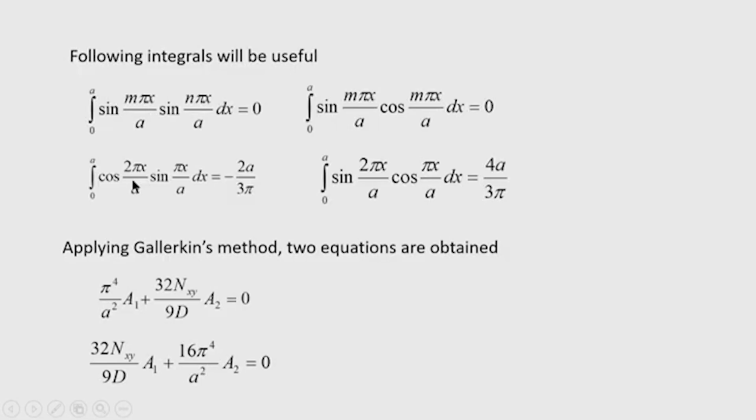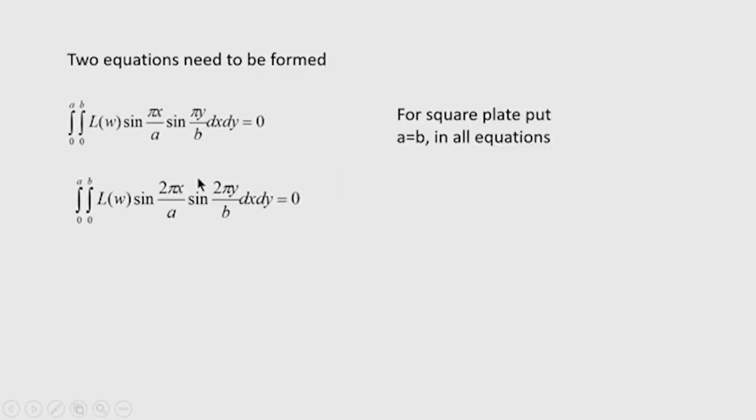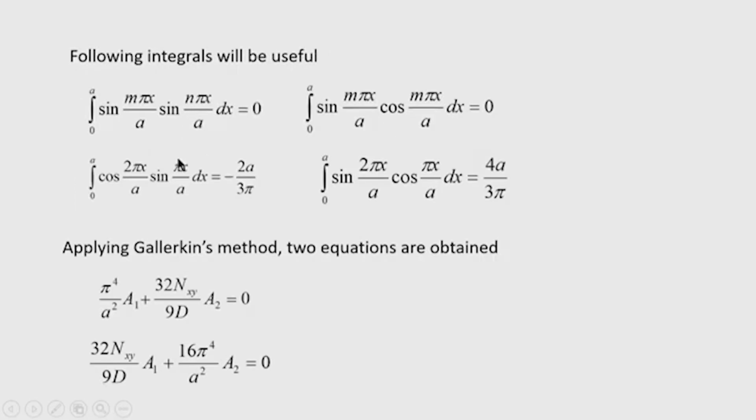So, these integrals are important to be used here, and after carrying out this integration you will finally arrive at two homogeneous equations in a1 and a2. These are linear equations.